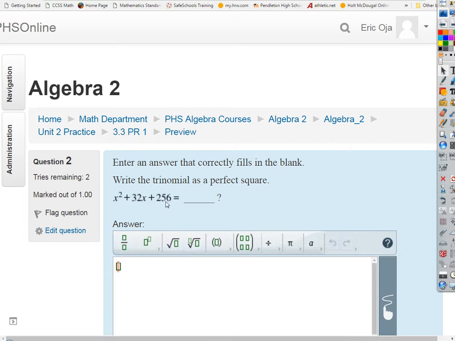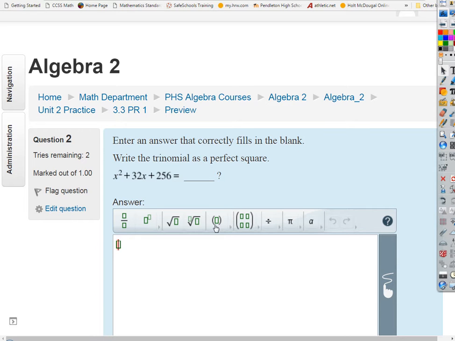Okay, same thing here. Two numbers that multiply to 256 and add to 32 are just 16 and 16, so I get x plus 16 squared.